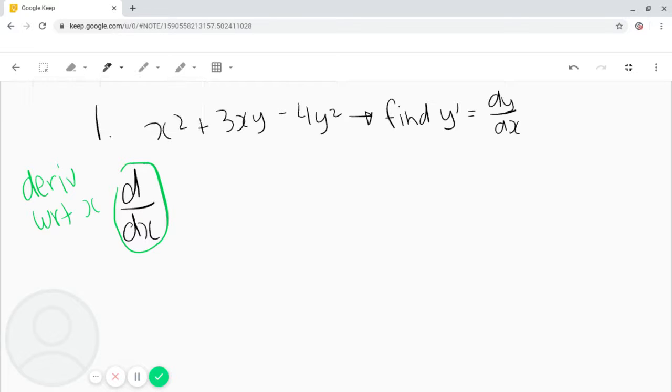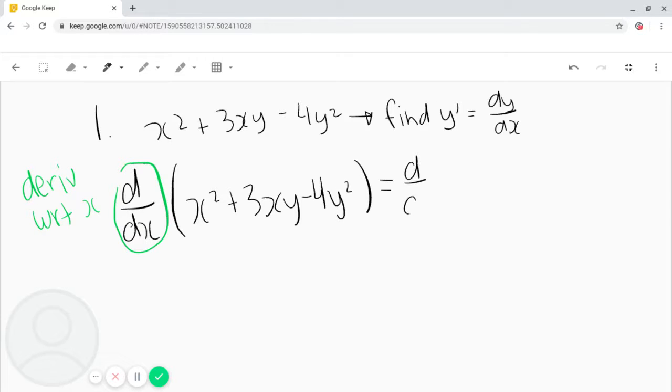We'll talk about that a bit more. So we'll do this side, x squared plus 3xy minus 4y squared. And then same on the other side, d over dx. Oops, should have said this is equal to 3. That's what it was in the original, in the PowerPoint.